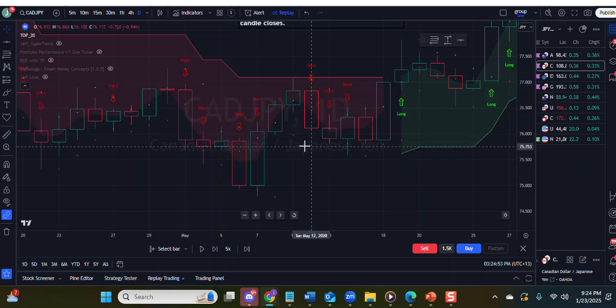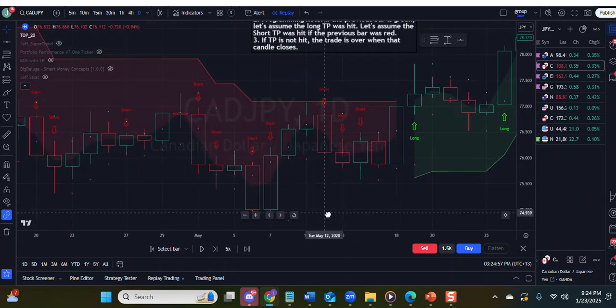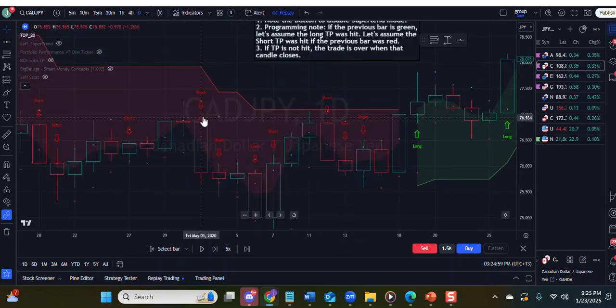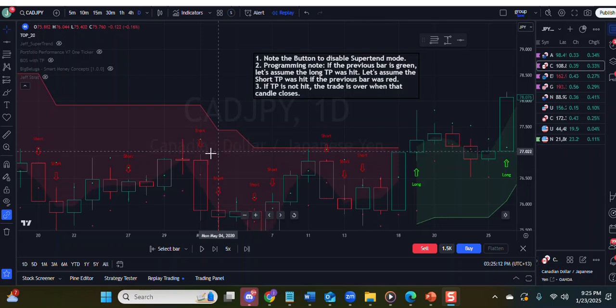All right, got that there. Yeah, so I want to disable that so that now it will take trades as long as the previous day high or low is broken.